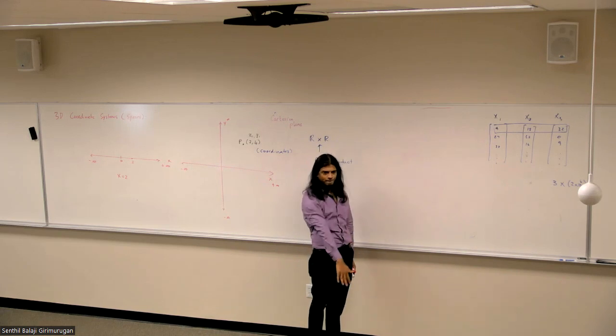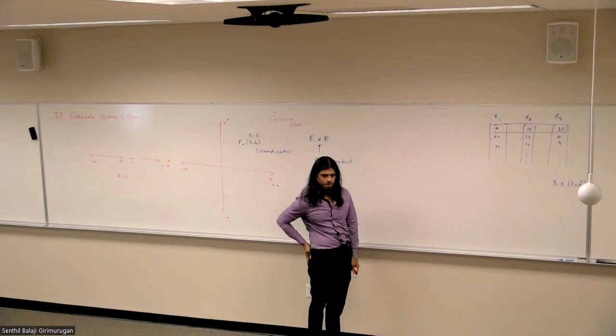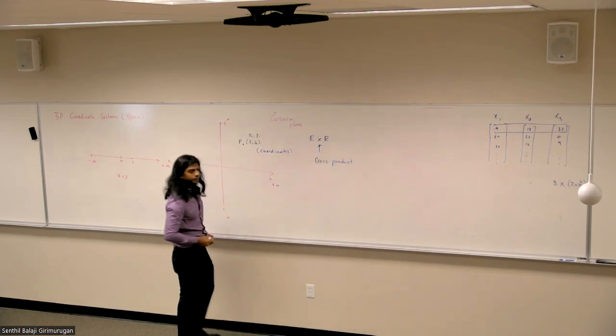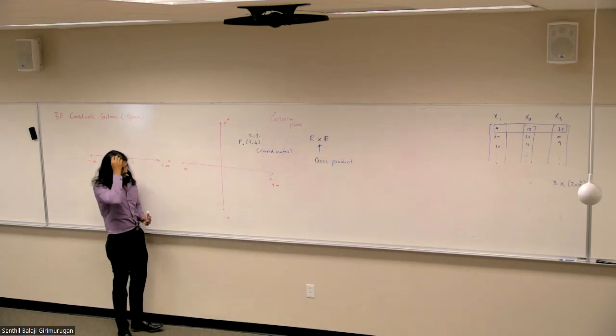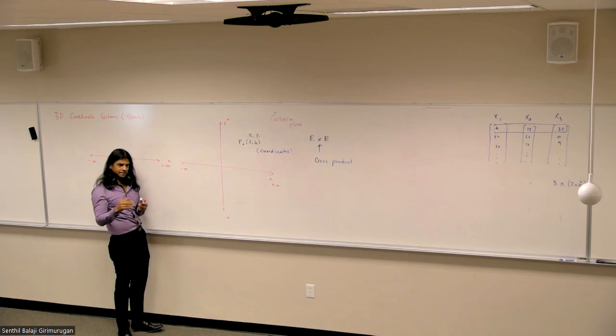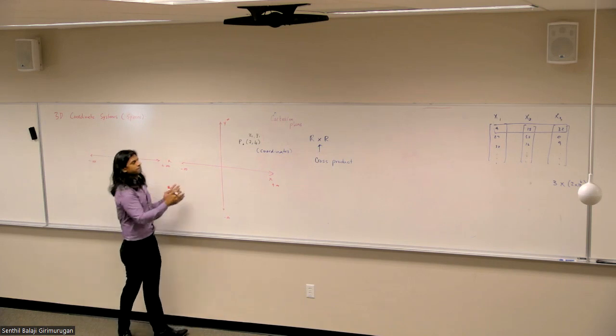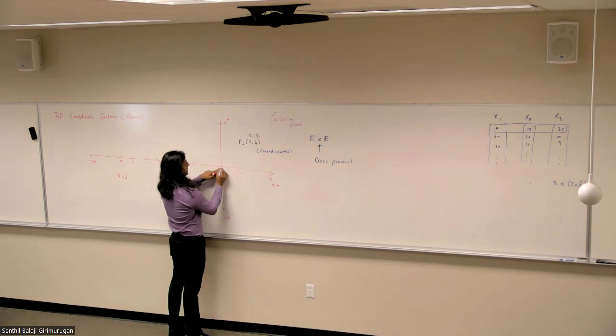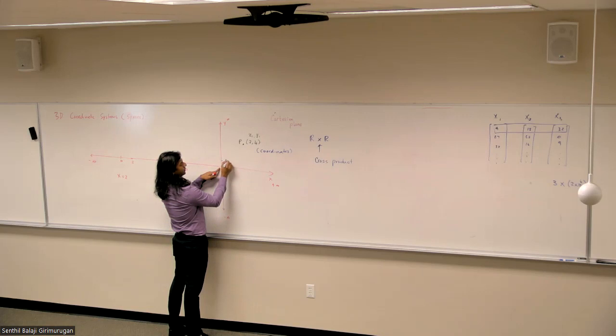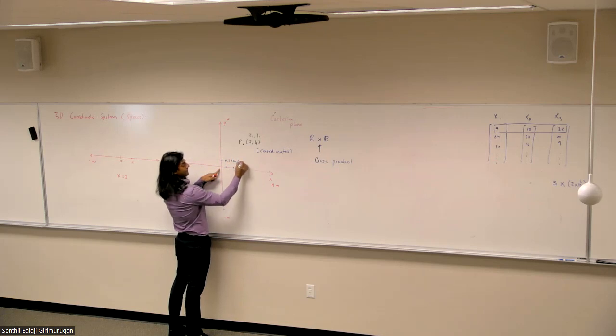I was just wondering if you could describe more about the cross product and like the definition. Because I've heard the term used, but I never actually. Now later on, we will deal with cross product of vectors. And when we refer to cross product here, we are saying, I pick 1, 2, and 1, 3.